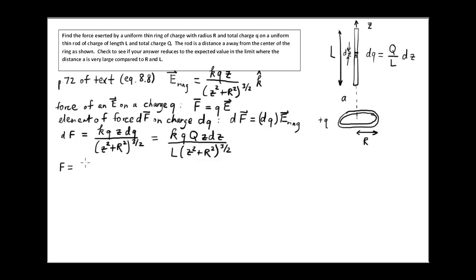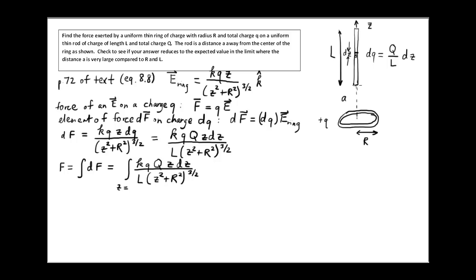So F then is the integral of dF along the entire length of the rod, and so that will be the integral of this whole quantity here, k q Q z dz over L, I'll put the z squared first, z squared plus r squared to the 3/2, and the limits on z begin and end at the ends of the rod.